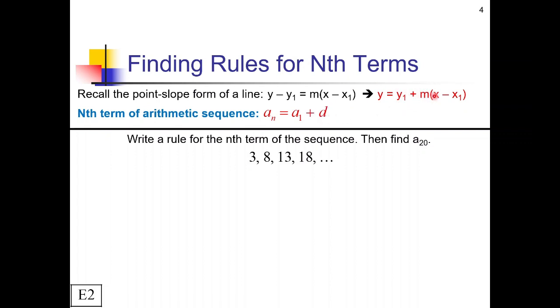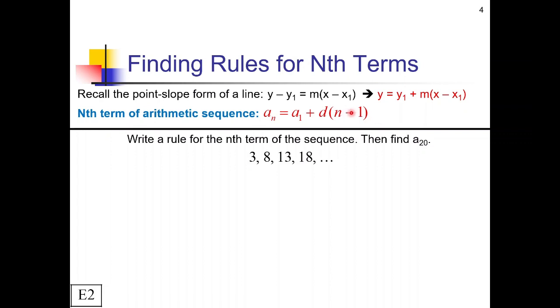For the x value, that's the input you plug into the sequence to get the term back. So that's the n that you're plugging in for your nth term. And then if we're subtracting x1, that's the x value of the term that you know. If you're using the first term, then your input was just 1. So we're going to do minus 1 here.